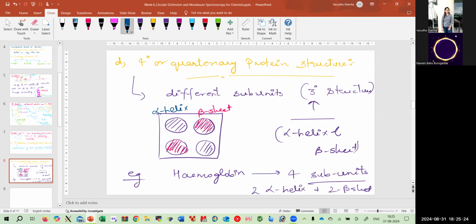So the combination of alpha helix and beta sheet, that means a tertiary structure, forming subunits, gives rise to a quaternary protein structure.